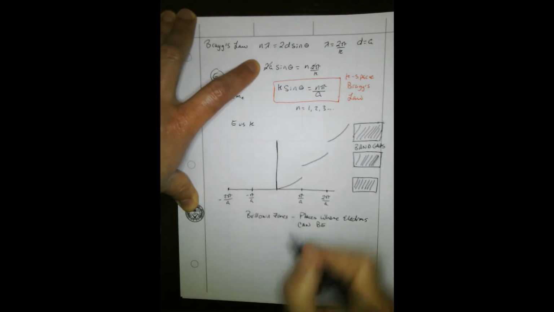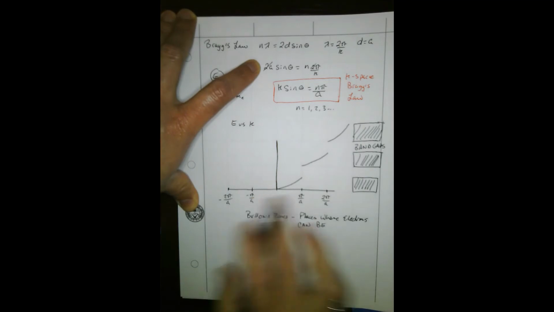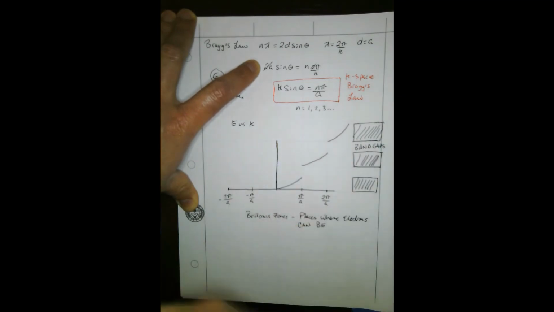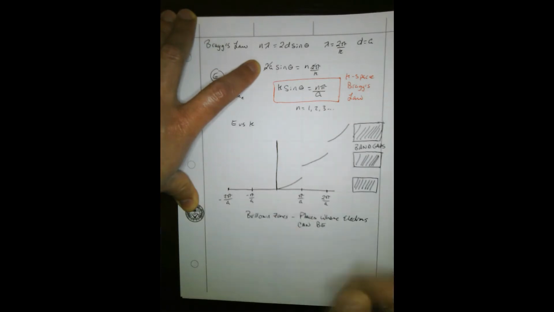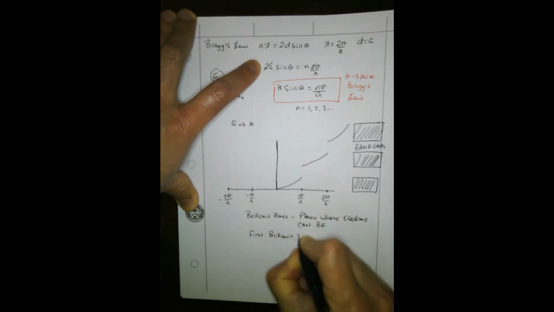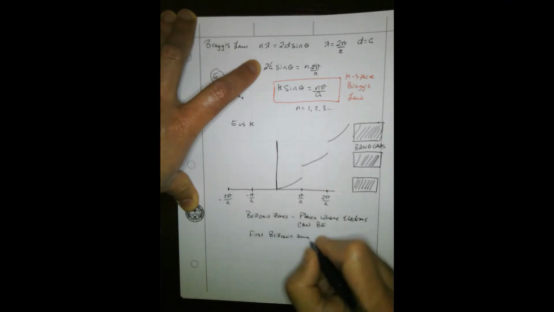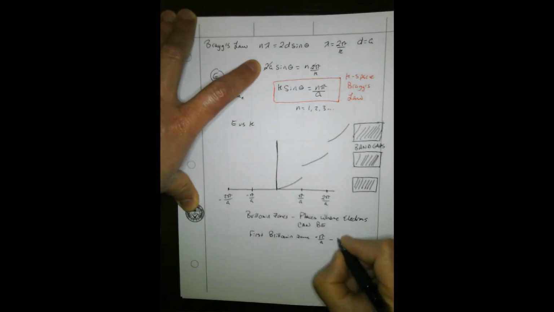I should have drawn it more symmetric, but I only drew it on one side. I'm sorry, but I'll show you a better cartoon. The first Brillouin zone is from negative pi over a to positive pi over a.